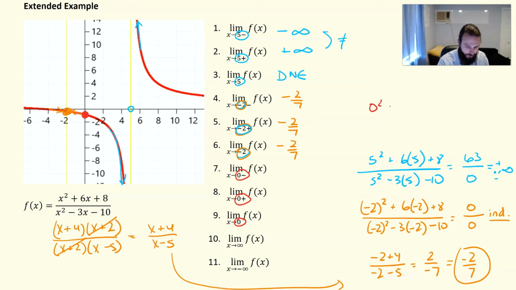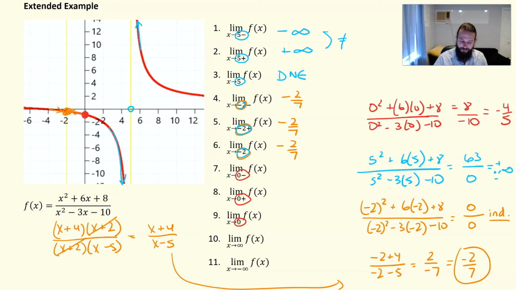And we've got 0 squared plus 6 times 0 plus 8, which is just 8, over 0 squared minus 3 times 0 minus 10, which is negative 10. So we've got negative 4 over 5. And since we're continuous at that point, all three of these are just negative 4/5.